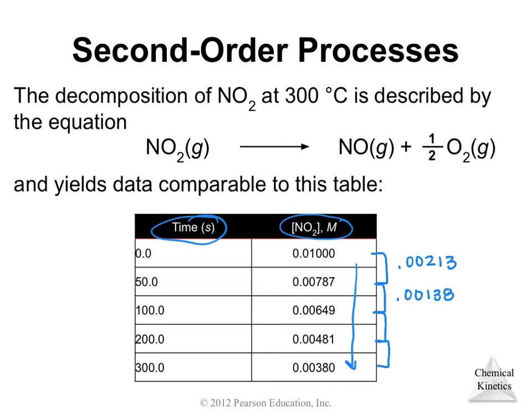The next one changes by 0.00168. So we can see that that is changing. So if those changes were the same, because our time interval is the same, it would have a constant slope, but it doesn't. So we know it's not zero order. Okay, so we can see that just from our data.